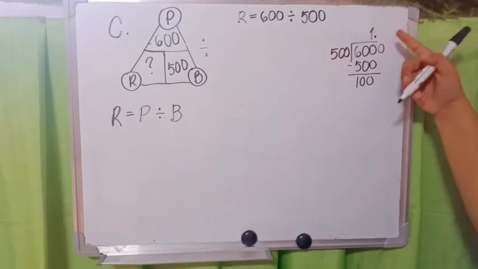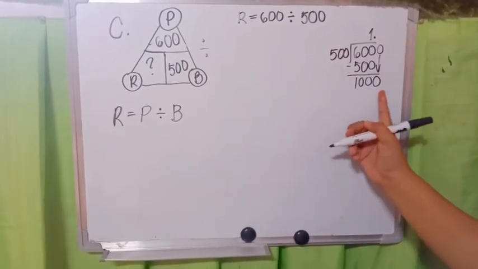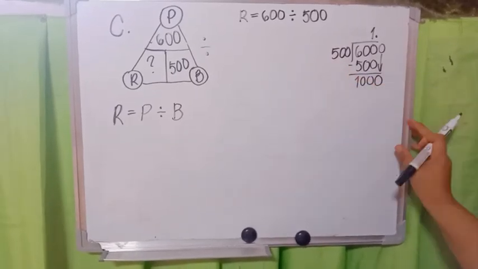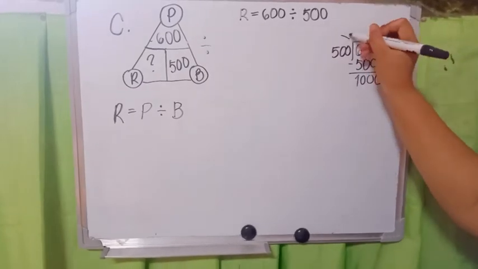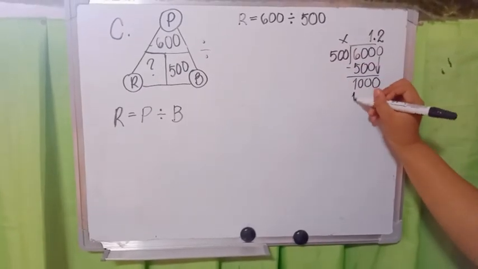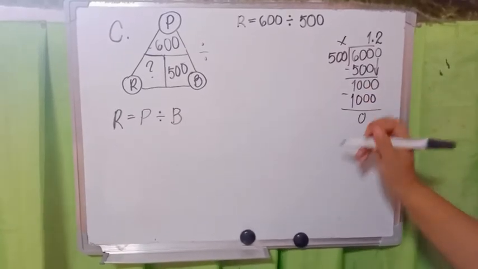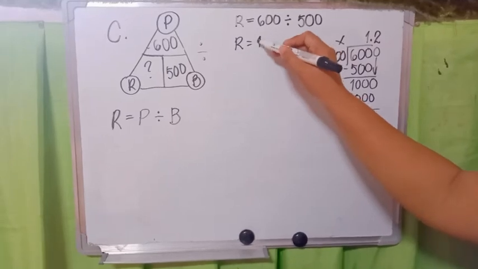And do not forget your decimal point. So the number now would be 1,000. 1,000 divided by 500, that is 2. So 2 times 500, we got 1,000. We got 0. So the answer here in rate is 1.2.